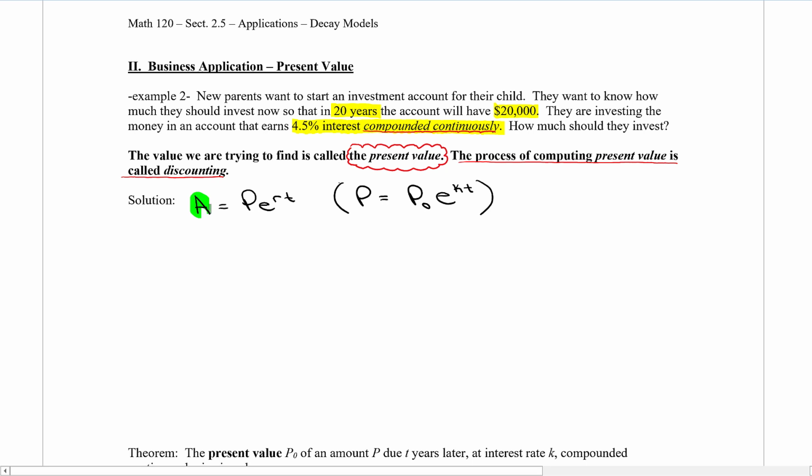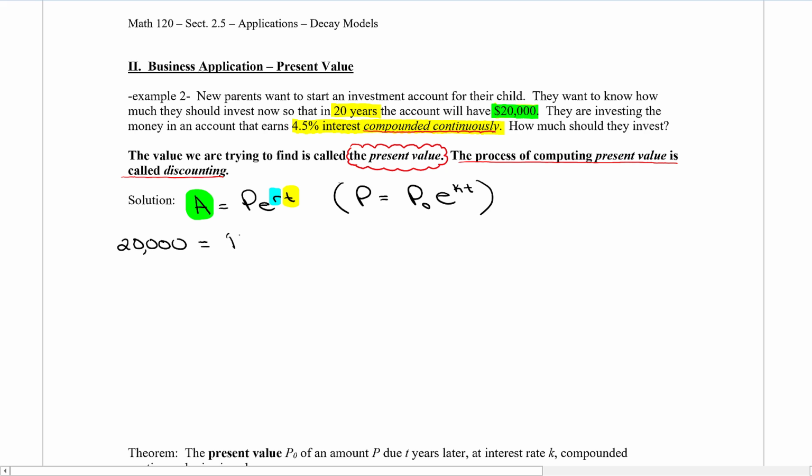I'm going to highlight the A in our first equation in green. I'm going to highlight the R in blue, and I'm going to highlight the T in yellow. In place of A I am going to write down $20,000 because this is what we want to know. We want to know when the account will be equal to $20,000.